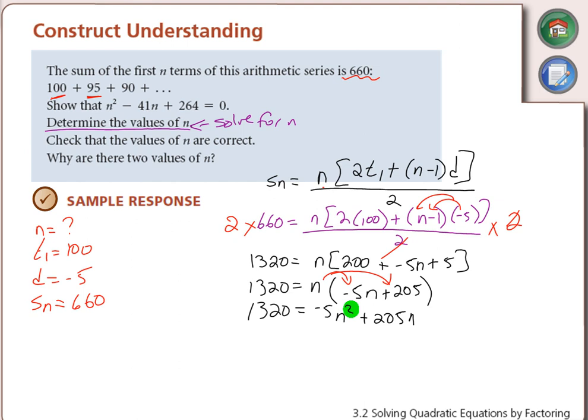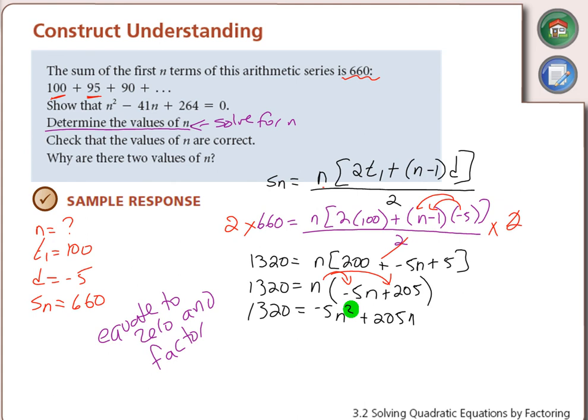The steps that we're going to use to solve a quadratic equation is to equate to 0 and factor. You're going to hear me say that over and over again in the courses. So here we go. Let's get it equal to 0.